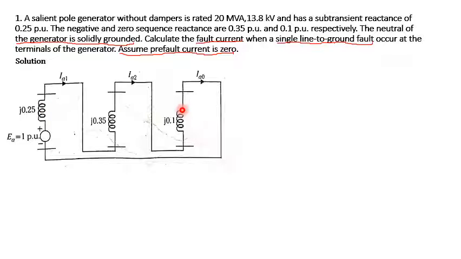This is for the positive, VA1, this is VA2 for the negative, and this is VA0 for the zero. Here he has directly given the values of positive, negative and zero sequence, and sometimes they will give them in ohms.